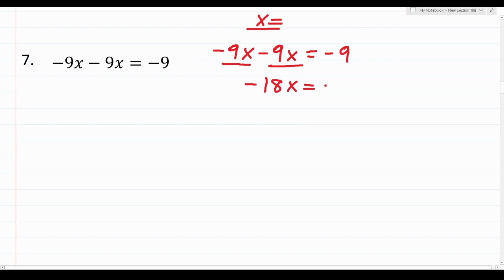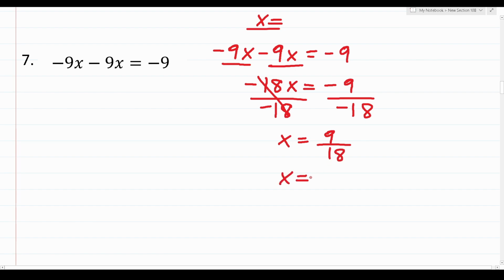Of course, that equals negative 9. Now, as far as solving this equation for x goes, it's very, very easy to do. We're just going to divide both sides by negative 18. And in doing so, this crosses out here, leaving you with x on this side. And as we can see, we have a negative divided by a negative, so I know this is going to be positive 9 over 18.